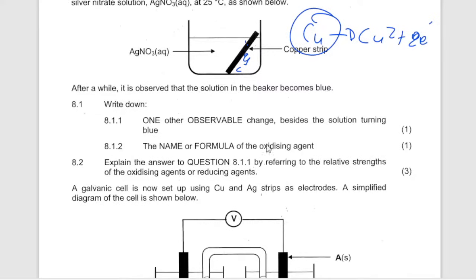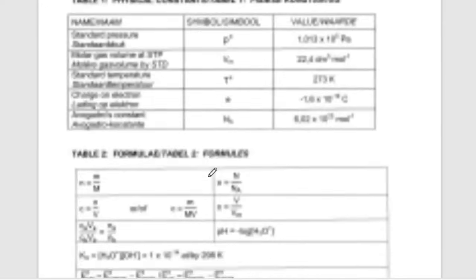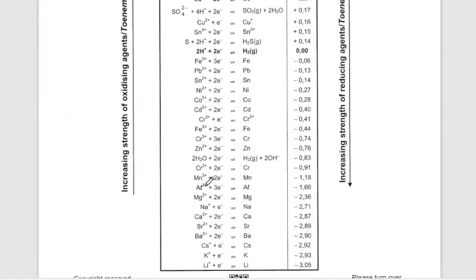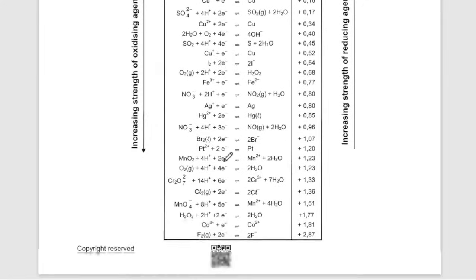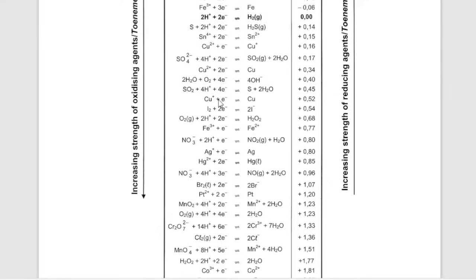So in this case, copper versus silver, you have to go to the reactivity series. You'll find out that silver is down. You see, silver is here, while copper is there.